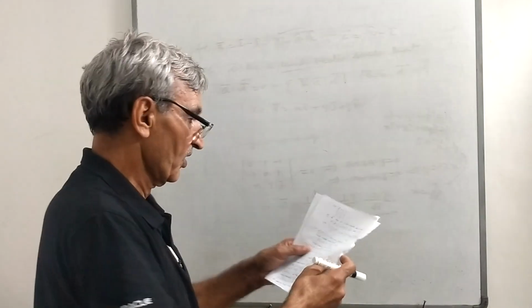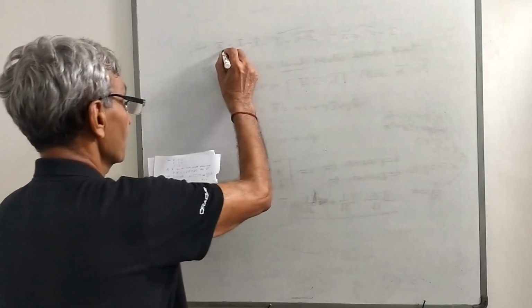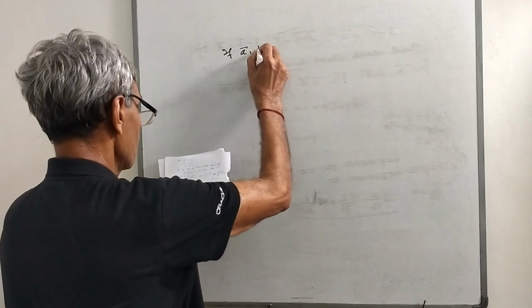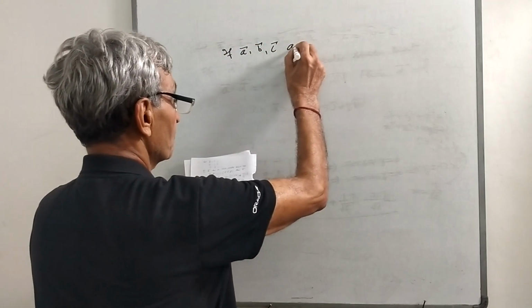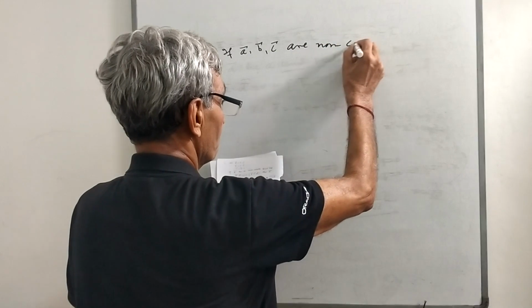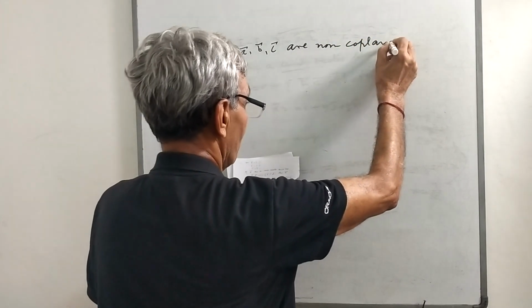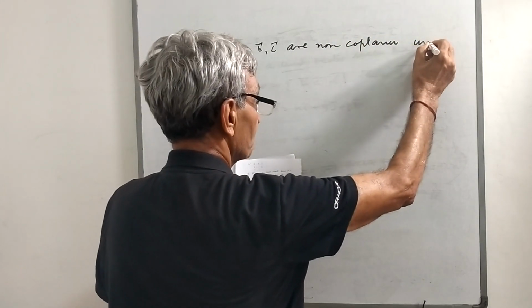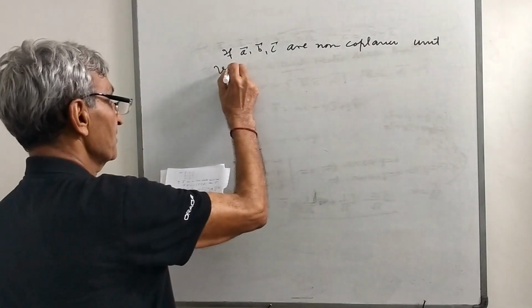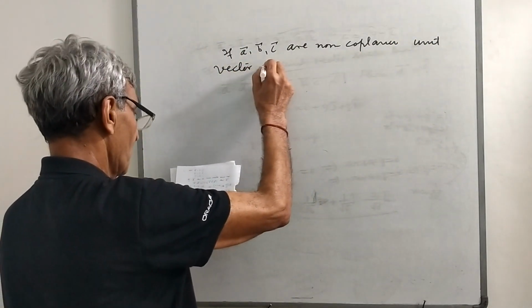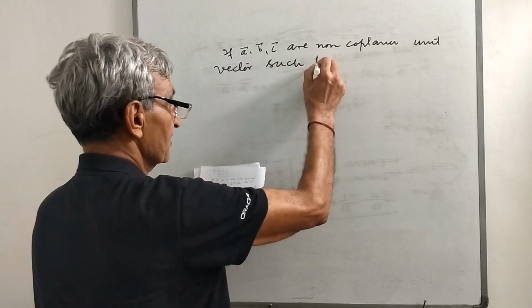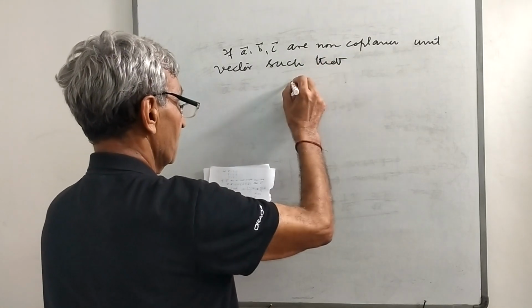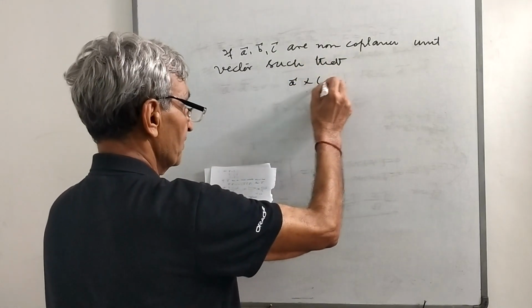The second question I got is: if A, B, C are non-coplanar vectors, coplanar vectors being those which lie in the same plane, and they are unit vectors, that means their magnitudes are 1. They are such that A cross B cross C equals something.